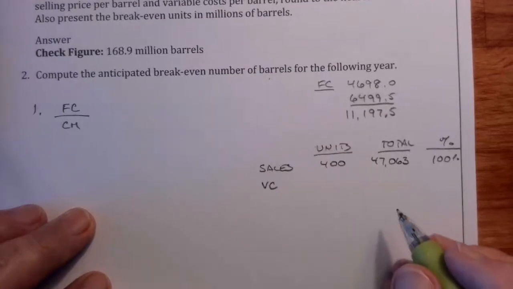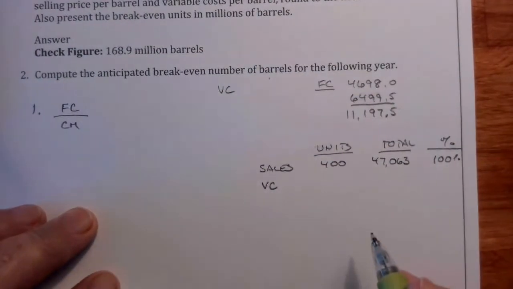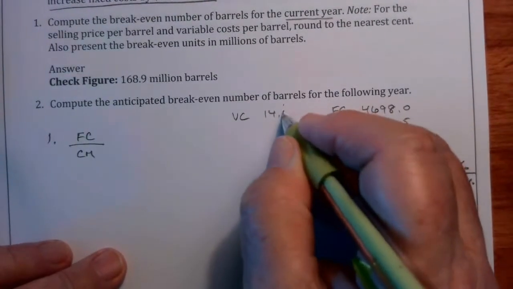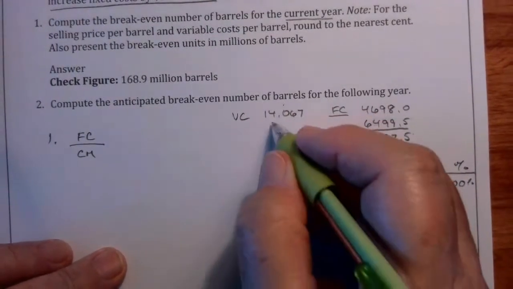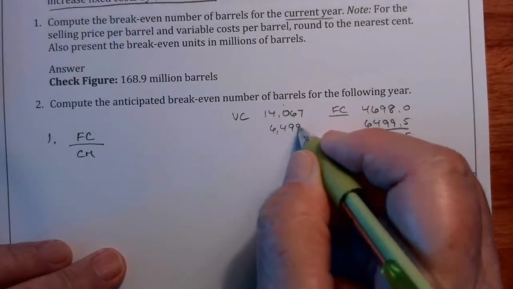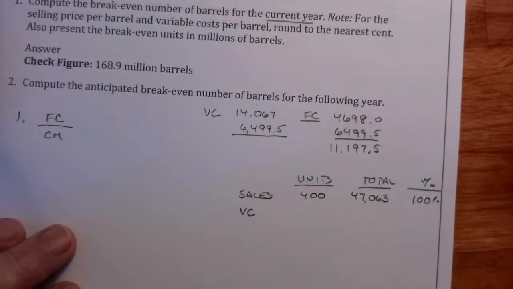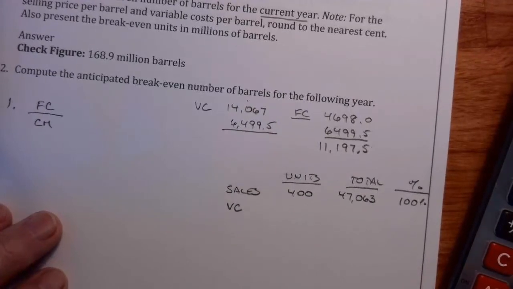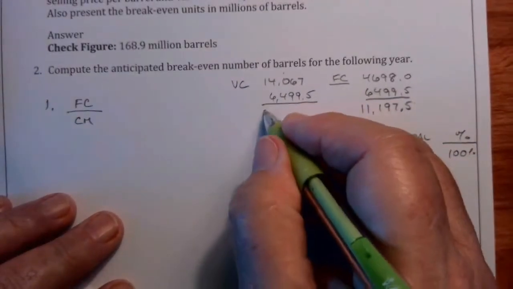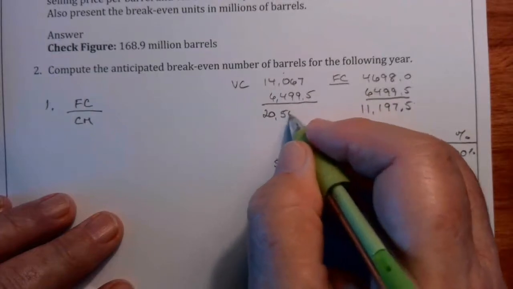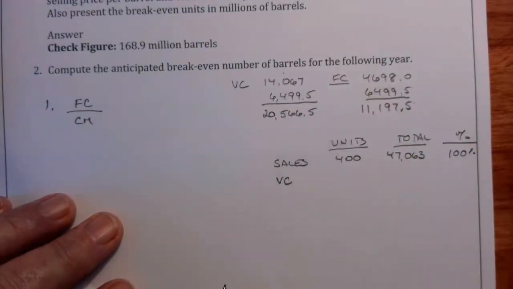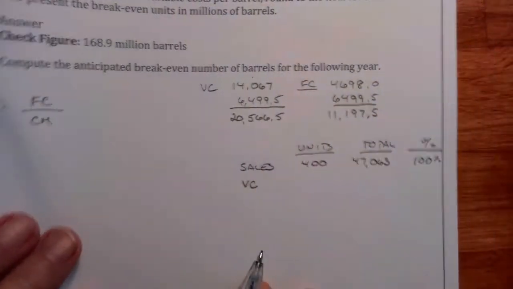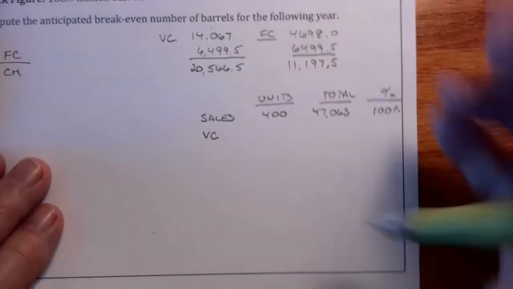Our variable costs we didn't figure out yet. The variable costs will be 14,067 plus 6,499.5, which is 20,566.5.